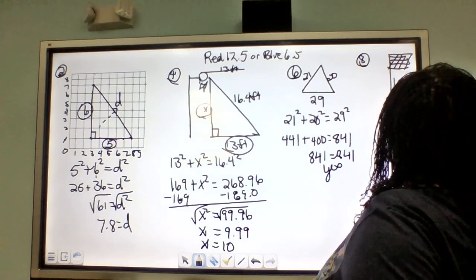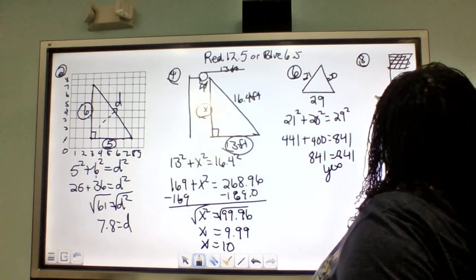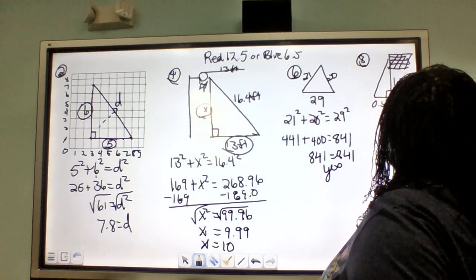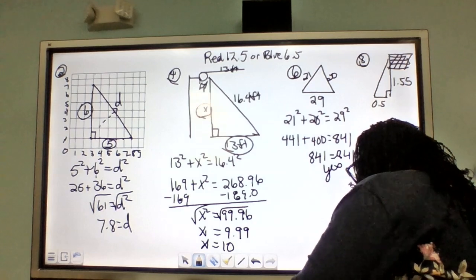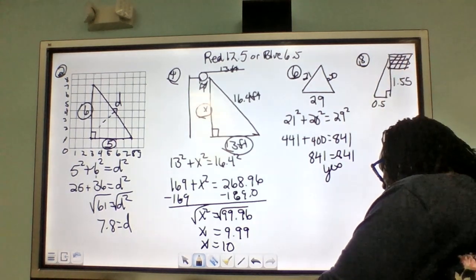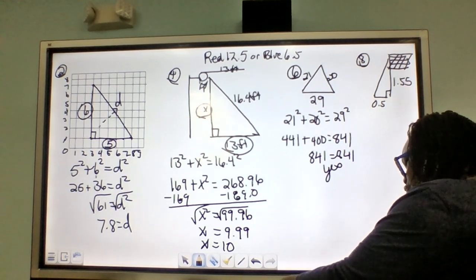This is 1.55. Now, this is a badminton net, like a volleyball net, in your backyard. About how long is the rope used to secure it?